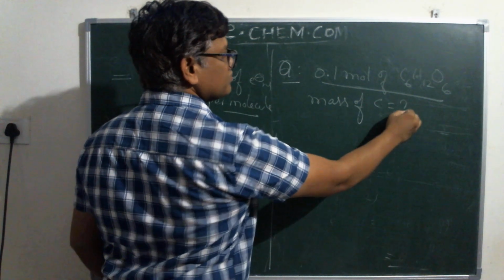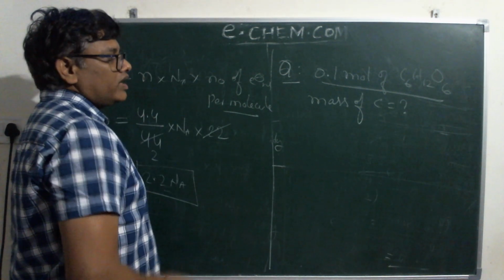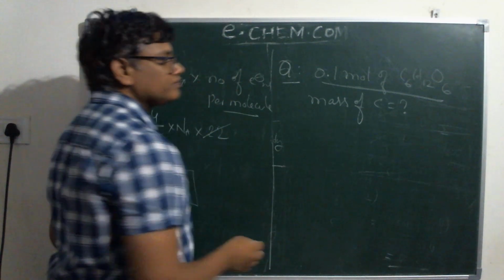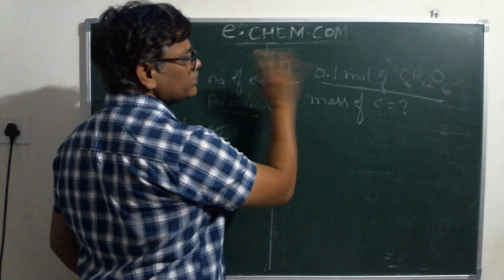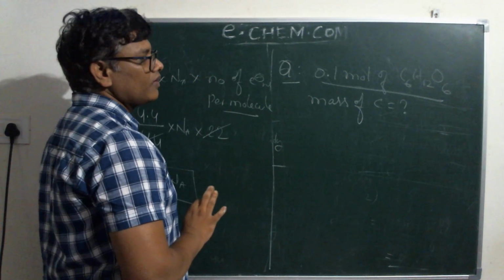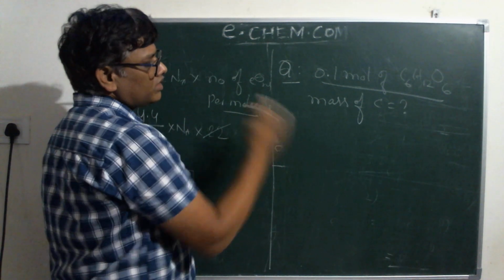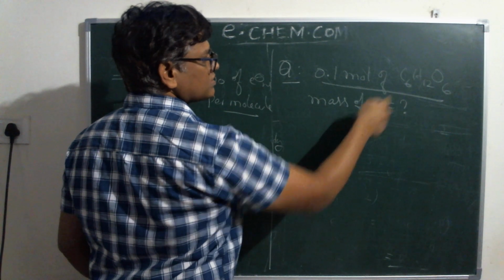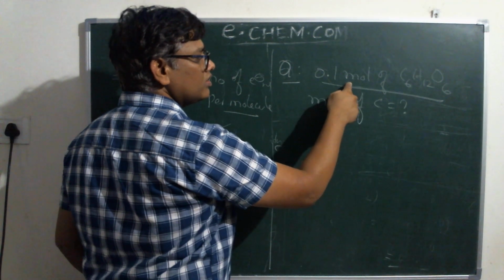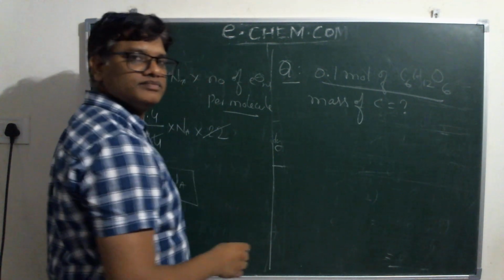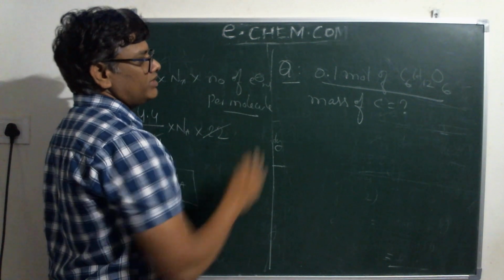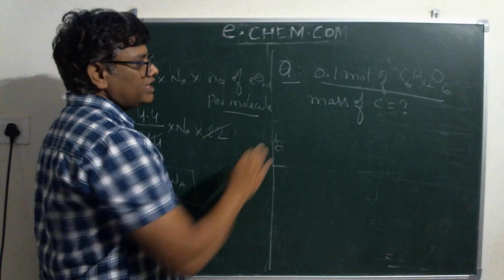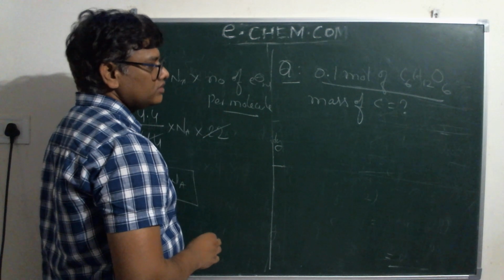How much? To calculate the mass of carbon, you can go for the unitary method. Two methods we have. Or we can convert how many moles of carbon are present in 0.1 mole and convert into mass. No problem, any method we can use here. Let's go for the mole concept over here.